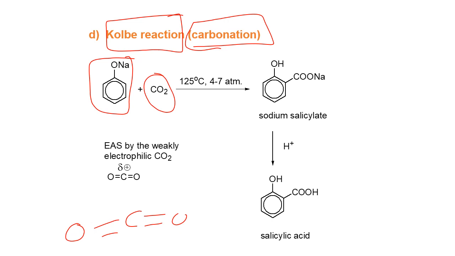It's not a strong electrophile like bromine, or like the nitro group NO2, or the sulfonic groups. Why weakly electrophilic? Because it's carbon, which carries a partial positive charge. Carbon is not a very strong electrophile, but because it has a partial positive charge it is called an electrophile.